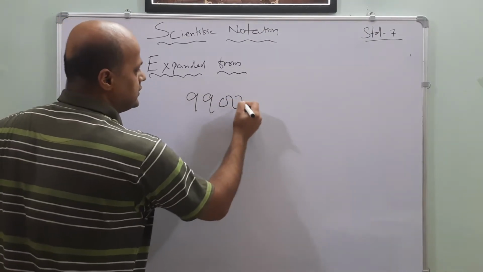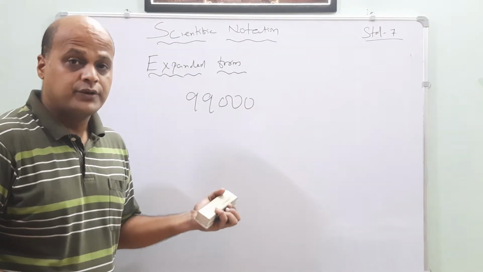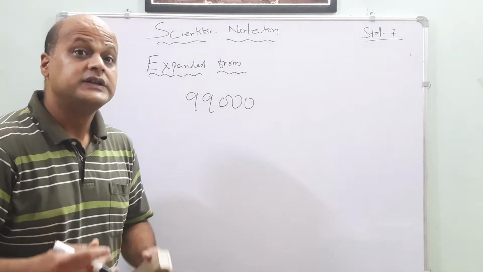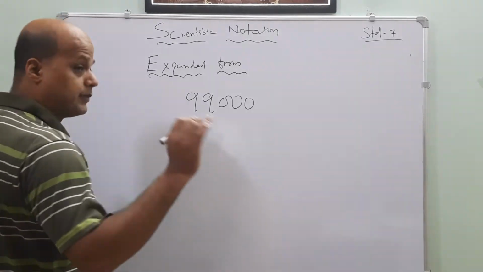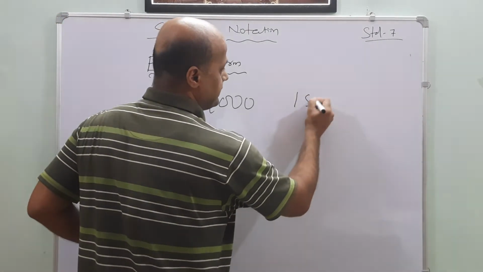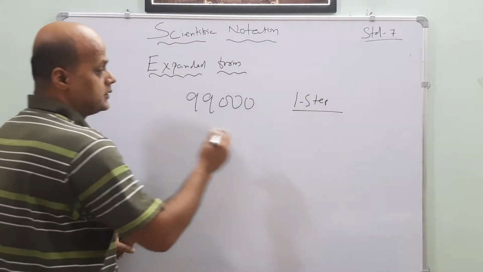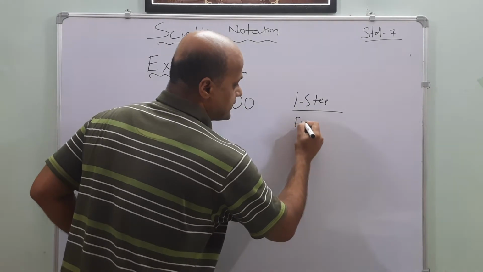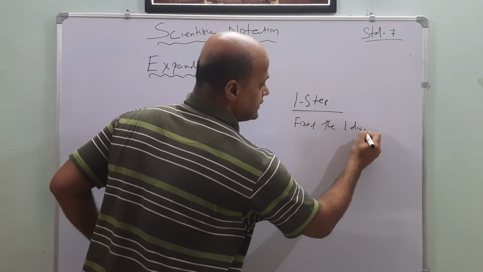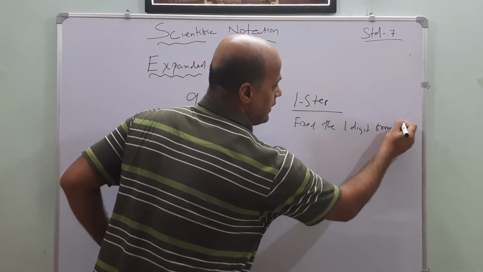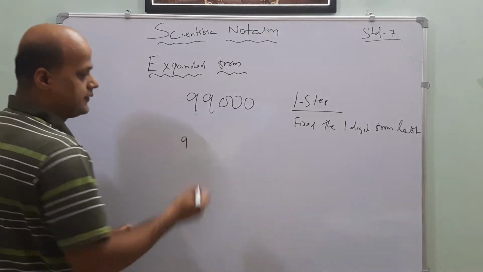99,000. Can you write this expanded form in scientific notation? Yes. Remember the steps. What is the first step? Fix the first digit from the left, which means this digit is fixed.